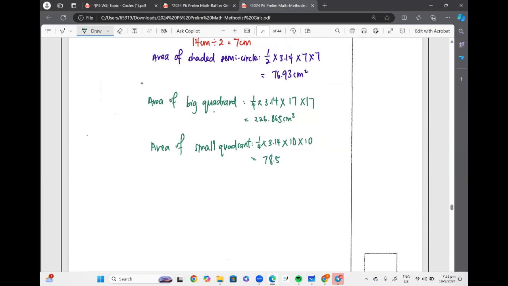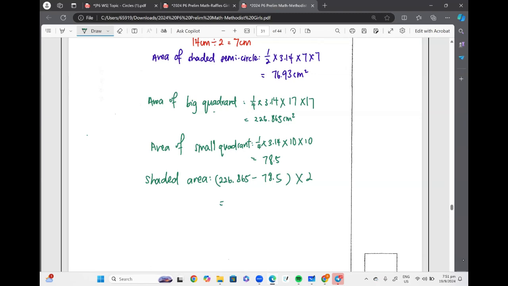So to find the shaded area, it would just be 226.865 minus 78.5. This whole answer is multiplied by 2 because there are two of such figures. Do you understand what I mean?